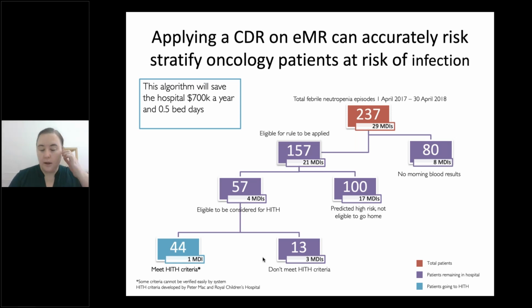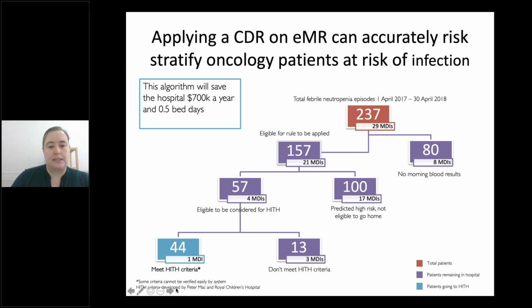If they're eligible for the HIT program, they would be sent home to hospital in the home and be treated at home for approximately 4 to 5 days, and this would save $700,000 a year for the hospital and 0.5 bed days.